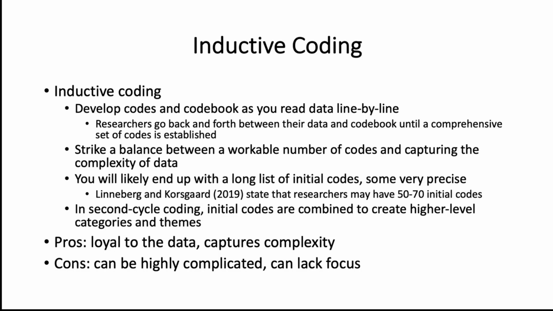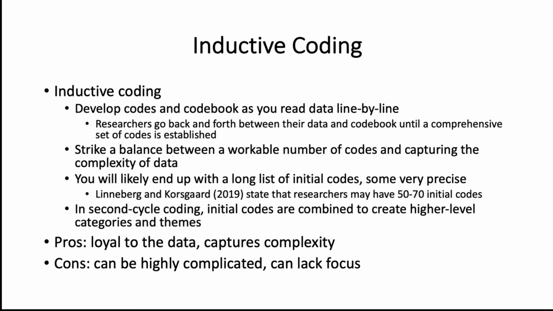So oftentimes inductive coding is a process of identifying a lot of different ideas within your data, and it typically generates a long list of codes in a very long code book. And one of the references that I was reading in preparation for today sort of says that inductive coders might end up with between 50 and 70 initial codes because there's so many different ideas that are coming out of your data.